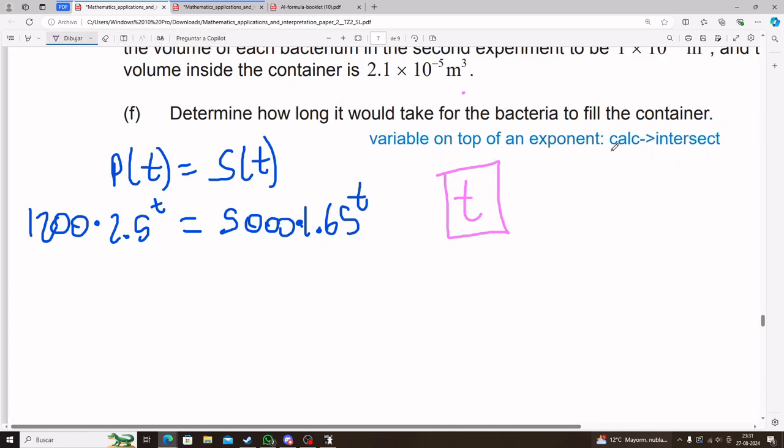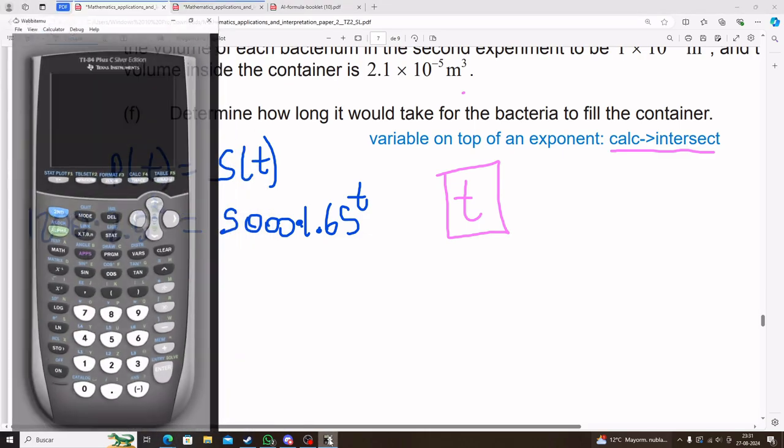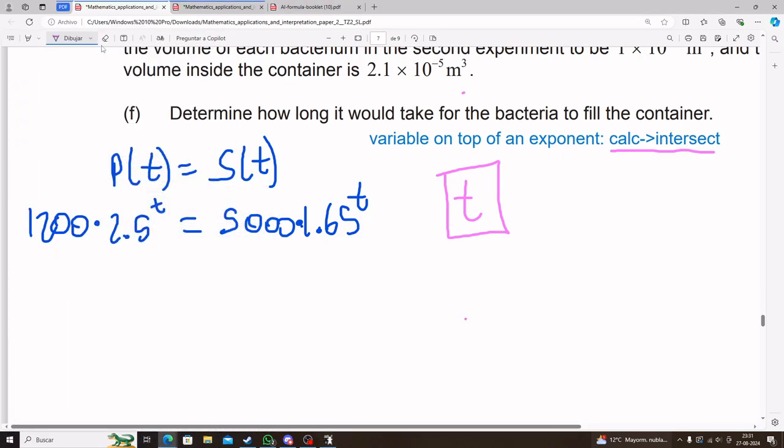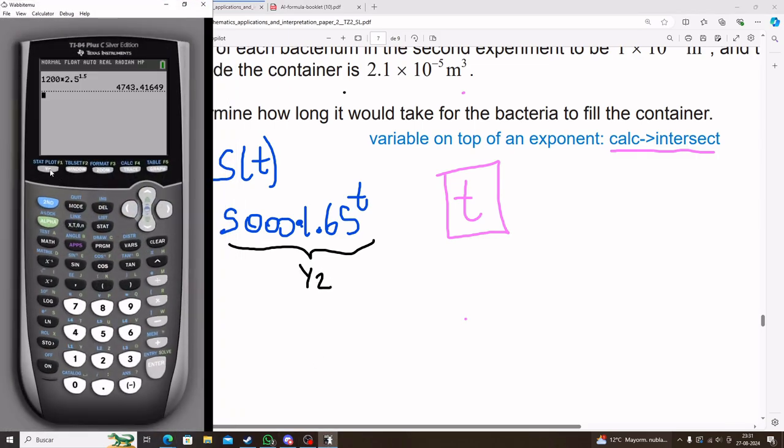So when I talk about calc intersect, I'm talking about the graphing calculator, okay? Now for calc intersect, you do have to graph your lines first. So quite literally, this will be y1 and this will be y2. When I say y1 and y2, I mean the y1 and y2 that you plug into your y equals.